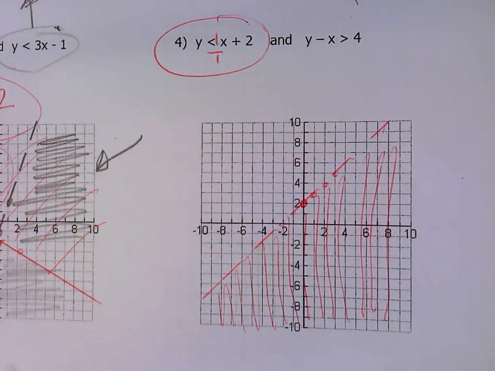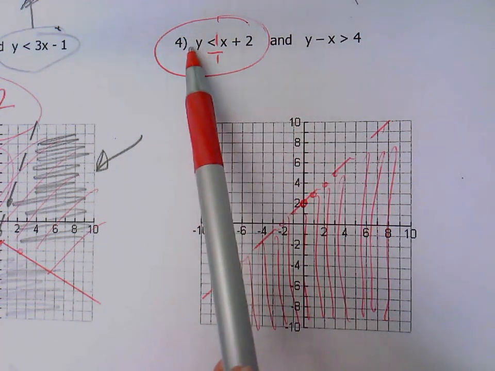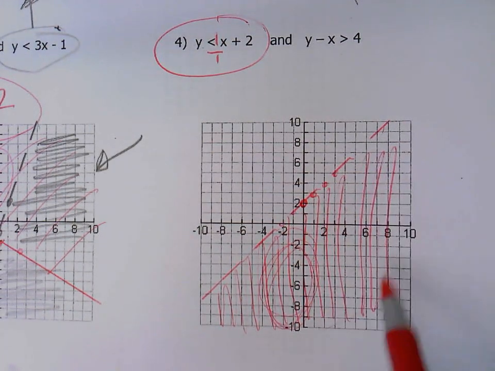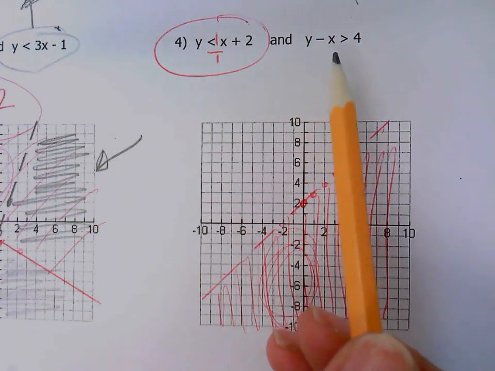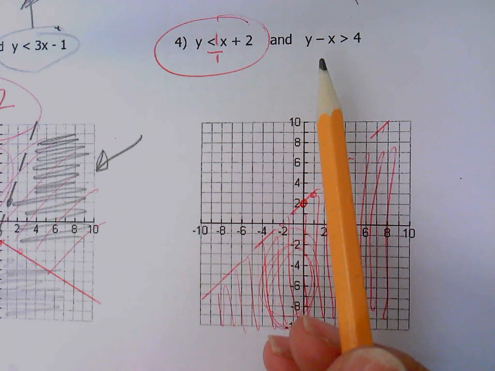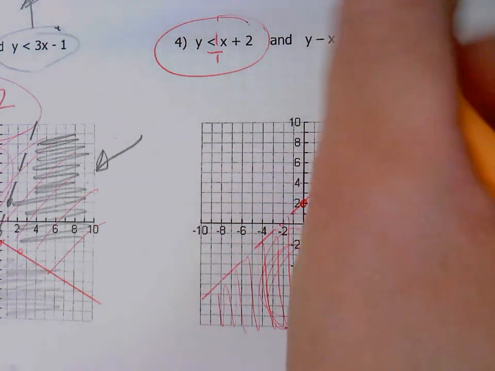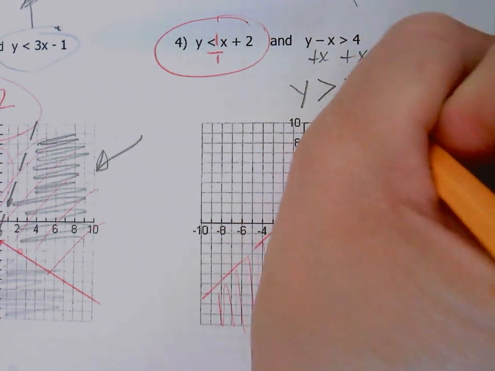So that's my line because the slope was 1, and I'm shading below because y is smaller down here. So I shaded below. On the second example, I need to get y by itself. What would I do? Add the x. Thank you. So y is greater than x plus 4.